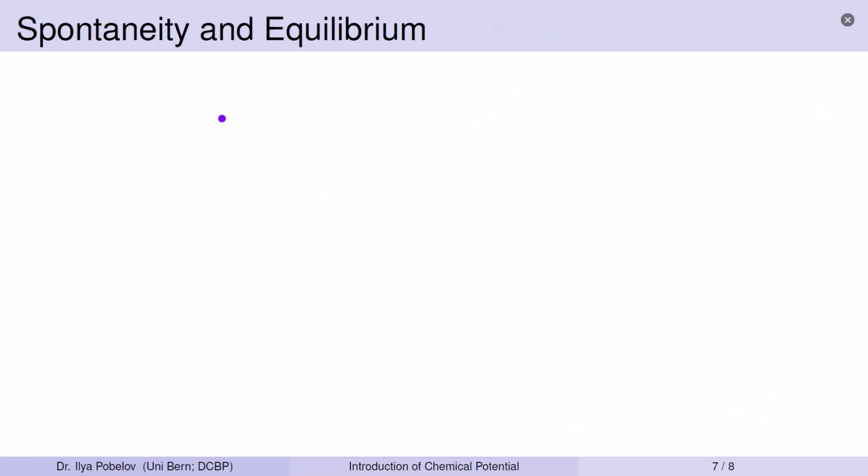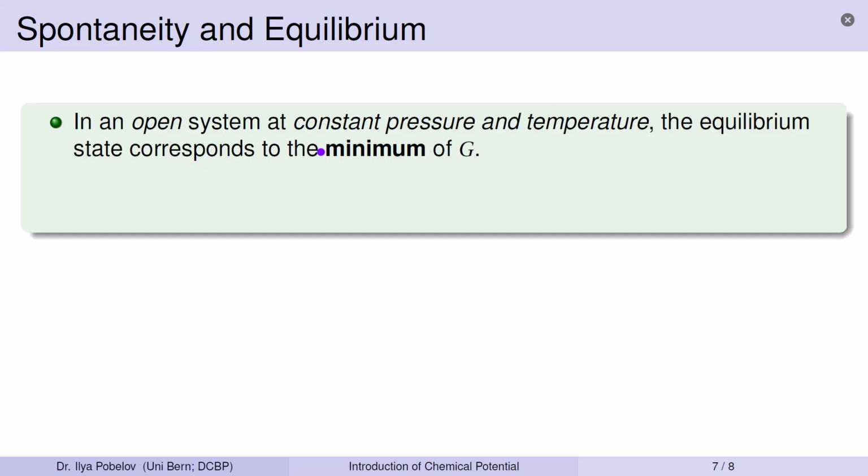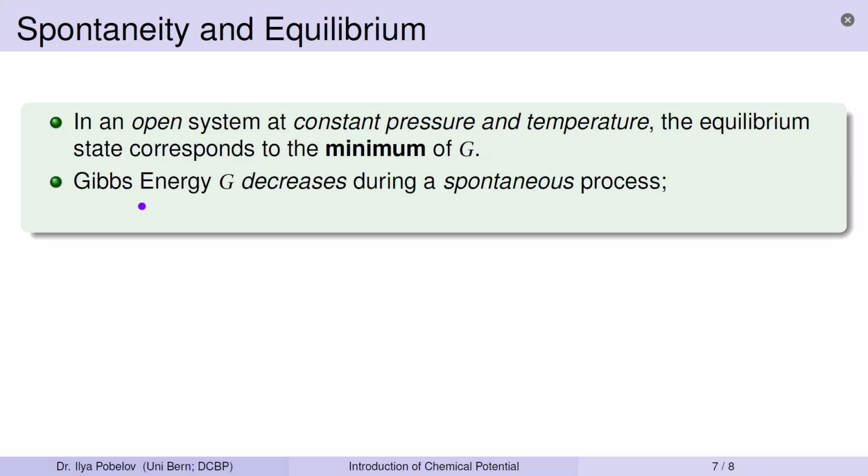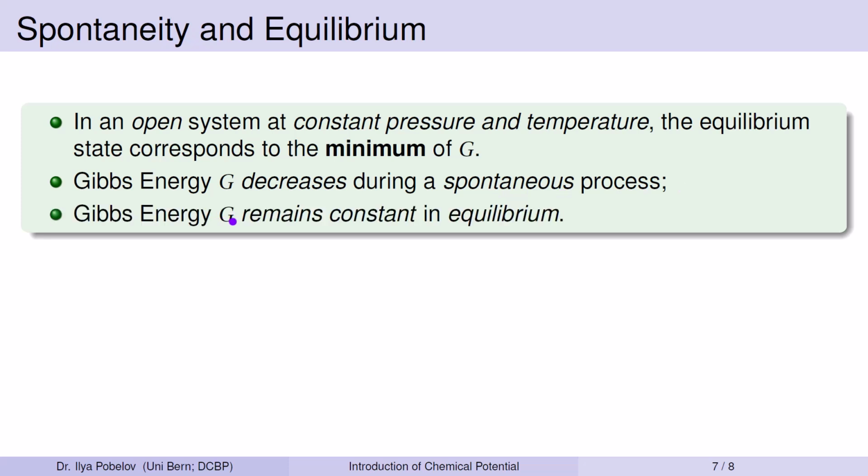When discussing criteria of spontaneity and equilibrium, they remain the same whether we are dealing with open or closed systems. In an open system at constant pressure and temperature, the equilibrium state corresponds to the minimum of Gibbs energy G. Gibbs energy decreases during a spontaneous process and remains constant in equilibrium or during a reversible process.